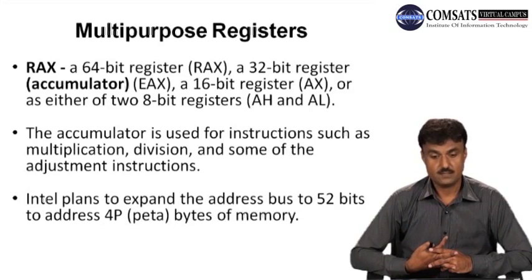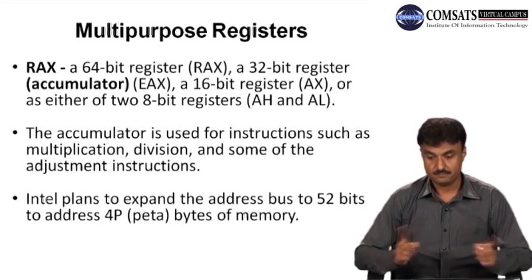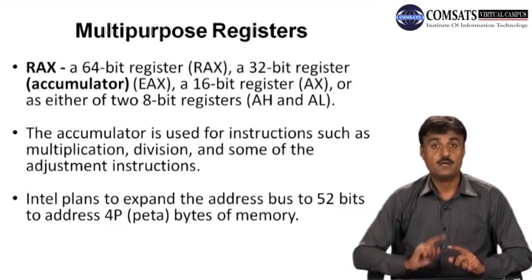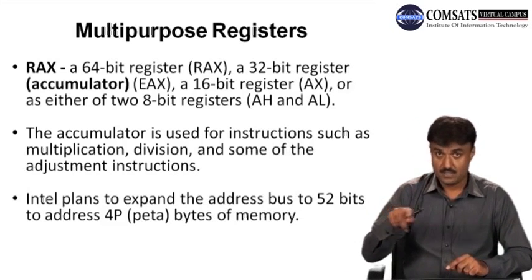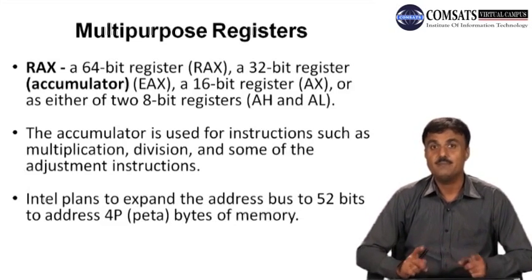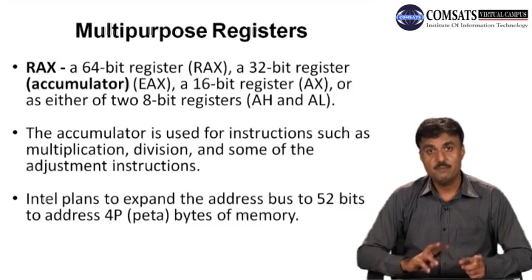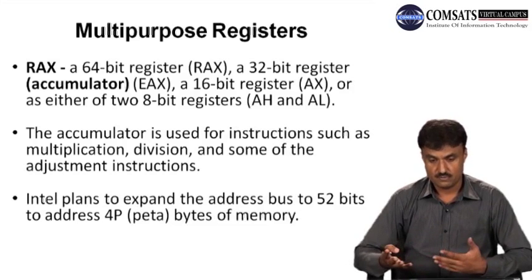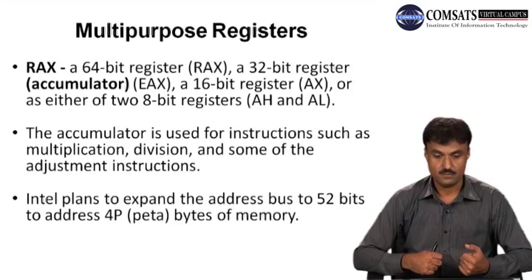The 16-bit register is called AX, or it can be used as two 8-bit registers, AH and AL. In 8-bit architecture it's only A; there's no AL and AH. But in 16-bit architecture it can be used as two 8-bit registers or a complete 16-bit register. And in 32-bit, as we know, it's EAX, and RAX in 64-bit architecture respectively.